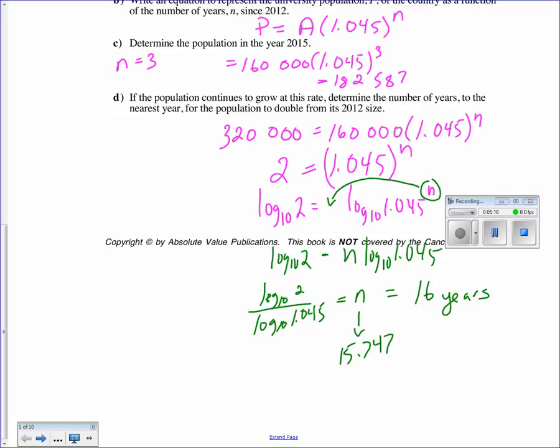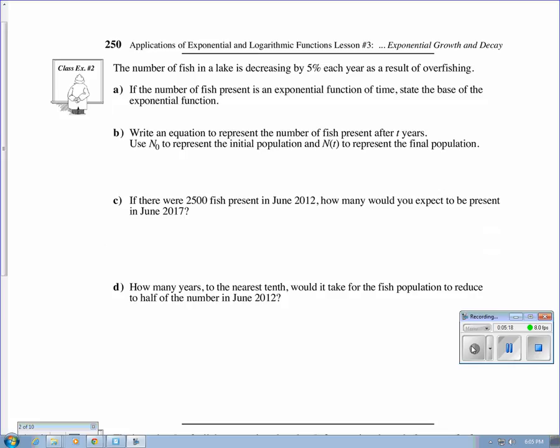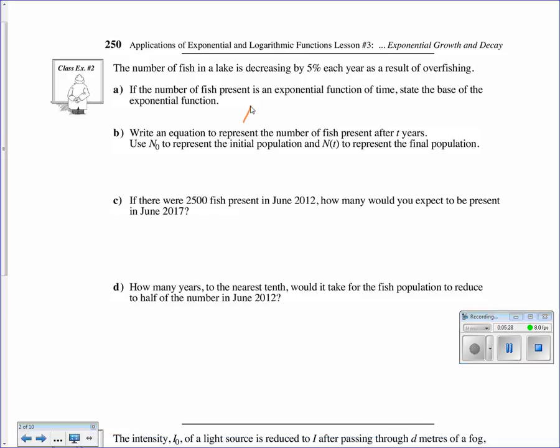So let's turn the page over. So this is the first time I'm looking at decay. So instead of growing, I'm actually decreasing. So when I'm looking at decreasing, I'm looking at my growth going down by 5%. Change your 5% into a decimal. So my base is going to be 0.95.